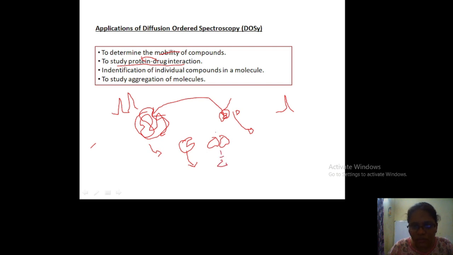So the rate of diffusion of this dimer will be half when compared to this monomer. If there is a formation of a trimer, then the rate of diffusion will be one-third when compared to this monomer. So in this way, step by step, you can study the aggregation or polymerization of the molecules.